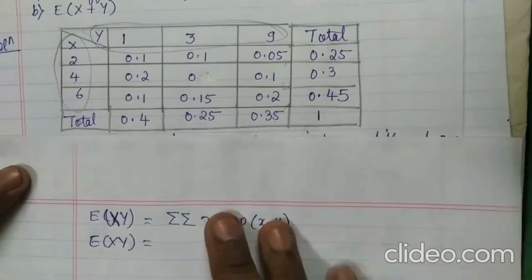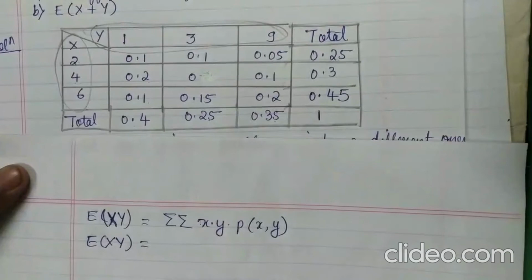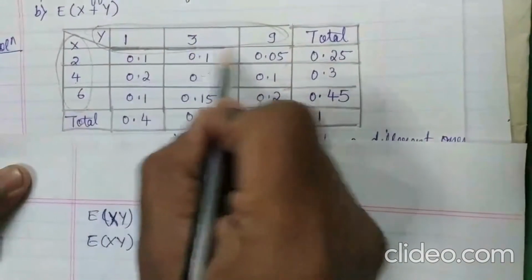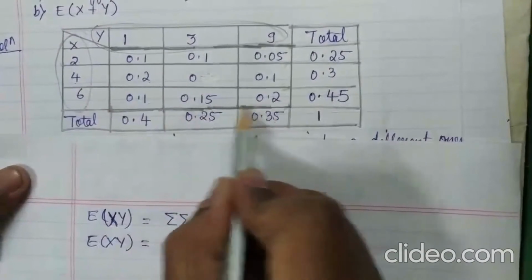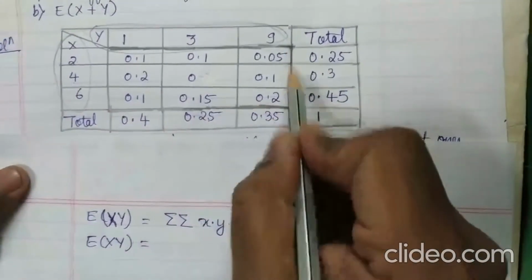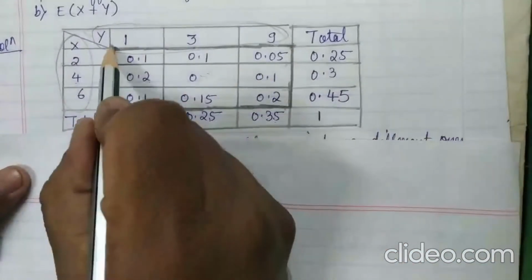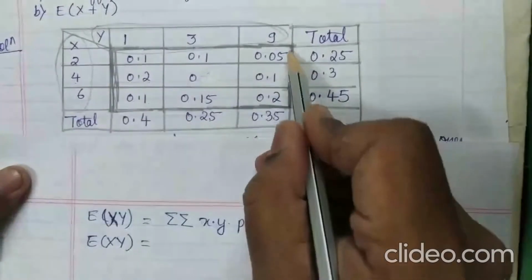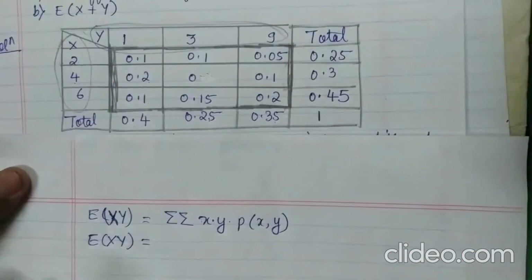So forget about this formula, just concentrate on the table. We have to concentrate only on the probability part, excluding the total, that is this, the central part where actual probabilities are given, the border of which I am darkening. I hope you are understanding this.